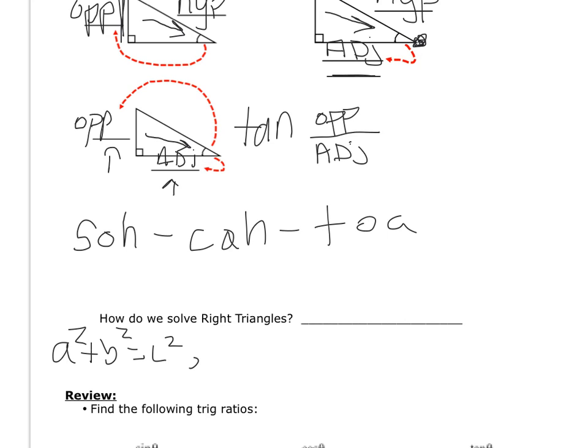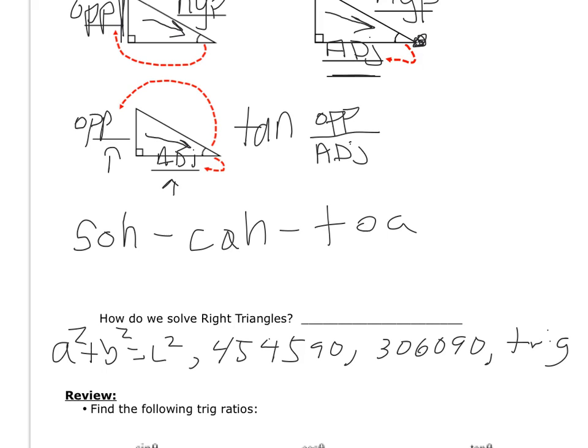Then we also had our 45-45-90s. Then we had our 30-60-90s. And then now we're starting to use trig. Well, aren't all those ways to solve or find missing things of a right triangle?